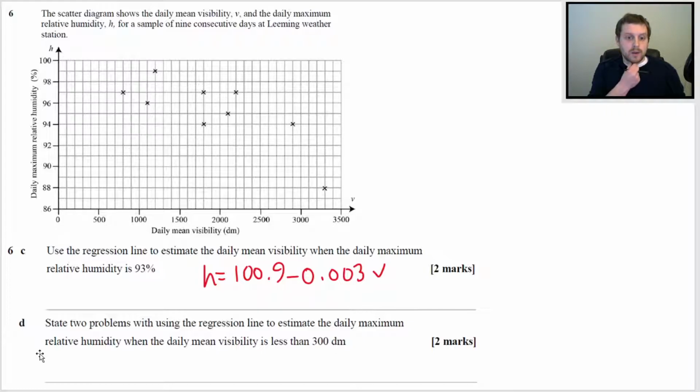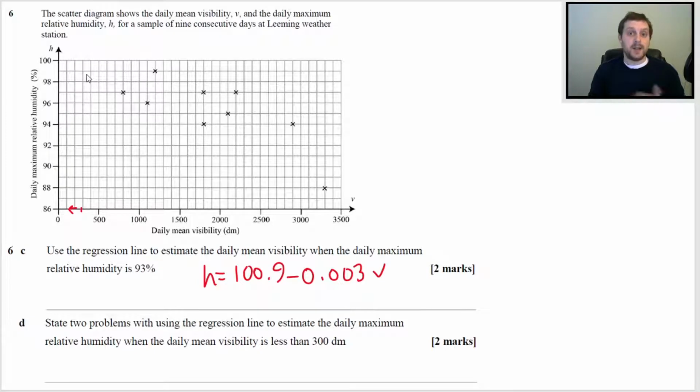Right, and then part D. What goes wrong when we are estimating the daily maximum relative humidity when the daily mean visibility is less than 300, so somewhere down there? State two problems. Problem number one, and it's a key word that you would need to get in there in a question like this, is that extrapolation is problematic.